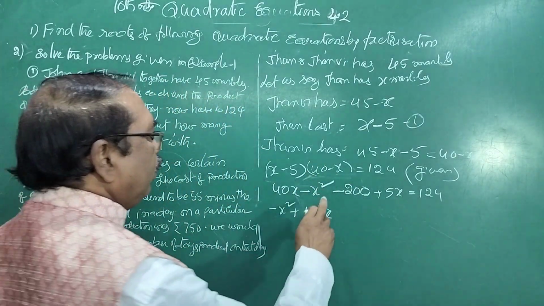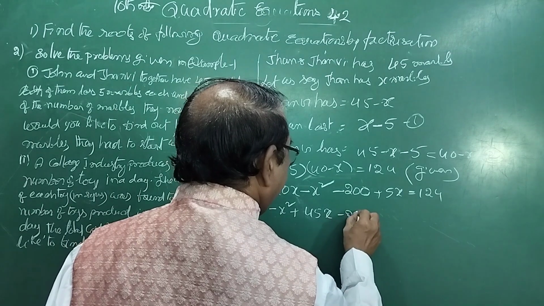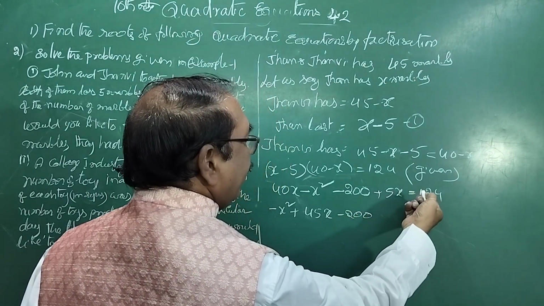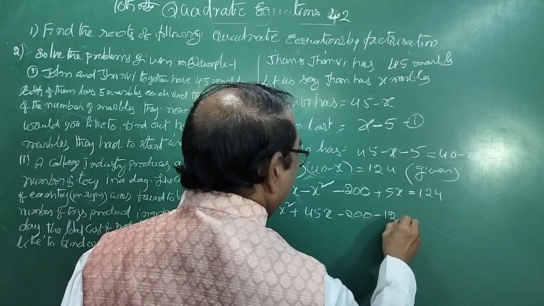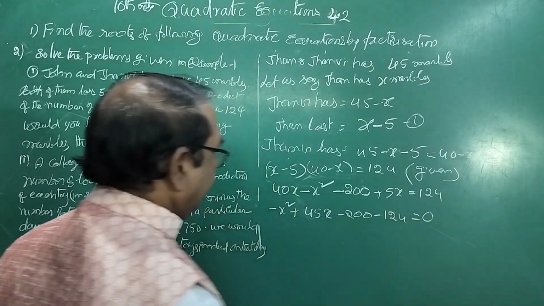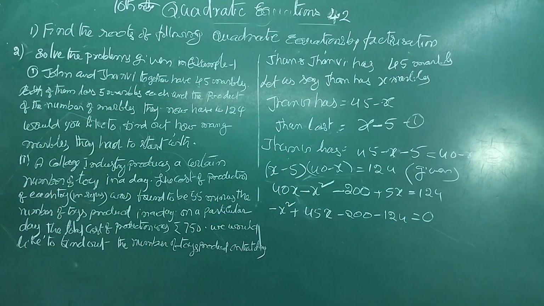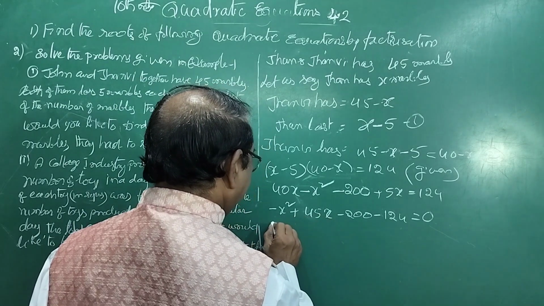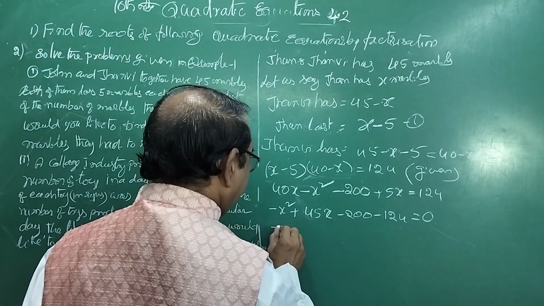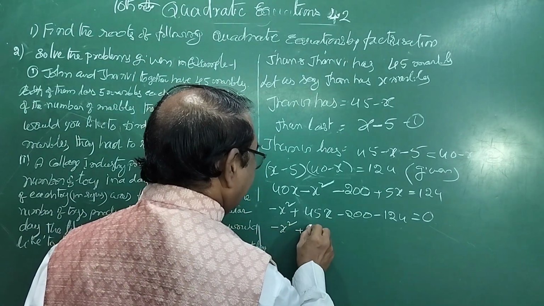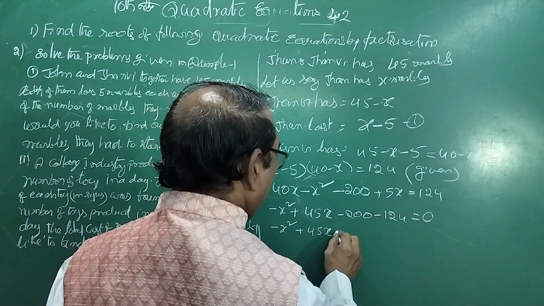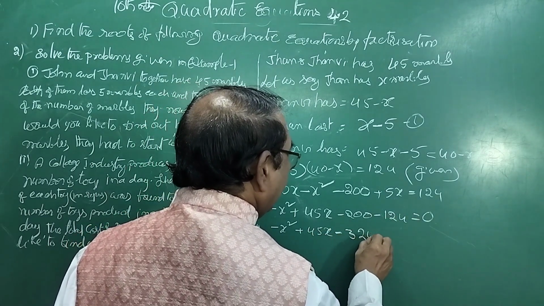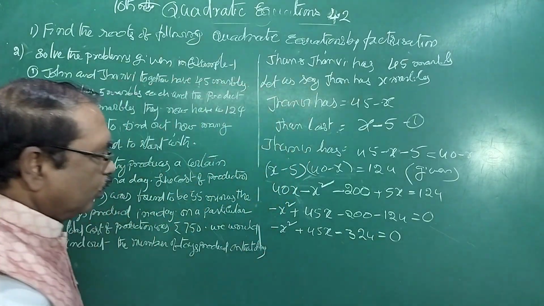Next, minus 200. This 124 let us bring to the other side, so it becomes minus 124 is equal to 0. Still we can write minus x square plus 45x minus 200 minus 124, minus 324, is equal to 0. Alright.